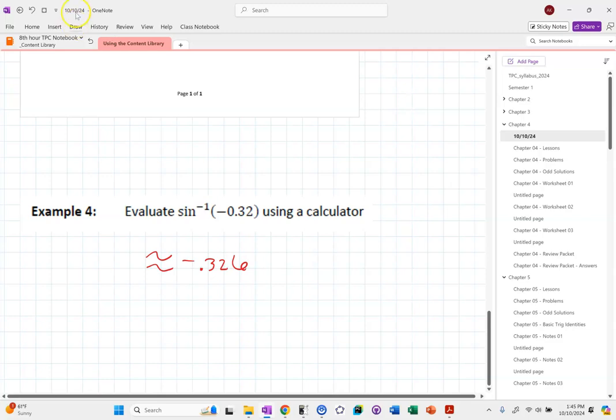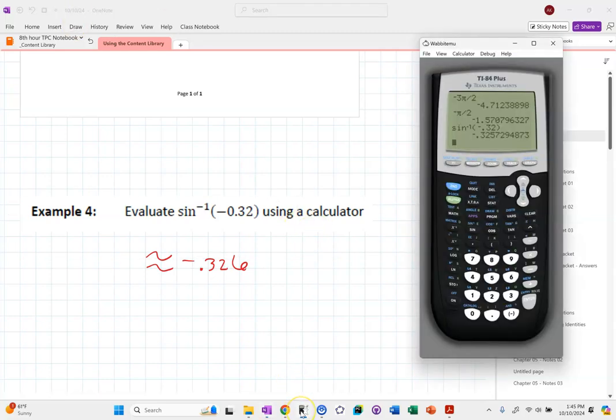If you don't get the same value I did, you get like 18 something or another, what's the problem? You're in the wrong mode. Very good. What mode should we be in for this problem? Radians. Yeah, if you got 18, you would have been in degree mode. We need to be in radian mode.